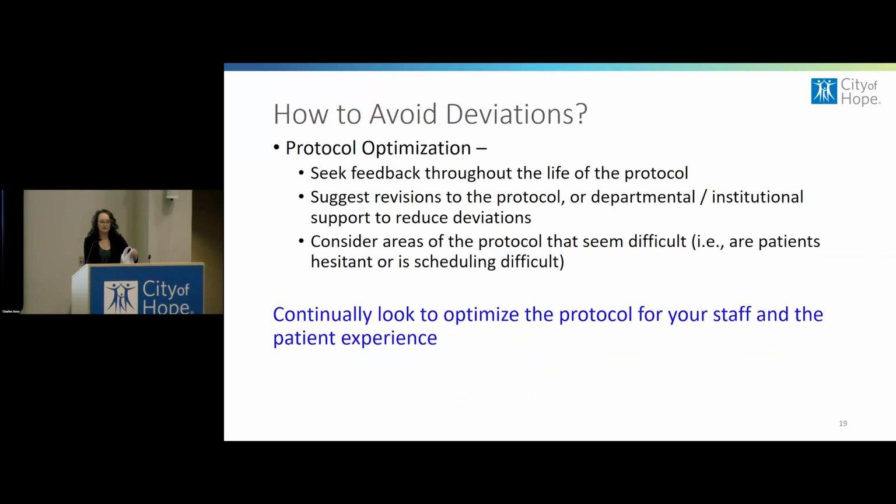The last component of avoiding deviations comes down to optimization. When we write these protocols, we do our best to anticipate how they're going to go, especially if it's a new disease indication or a new type of study, based on previous knowledge. But when it comes down to it, the optimization of the protocol really happens when the studies are rolling.